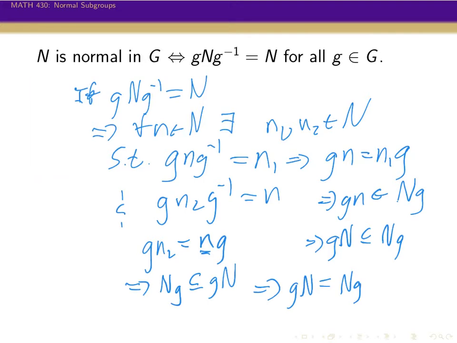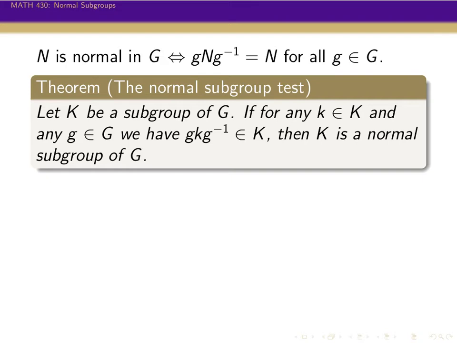Okay. And so this tells us an easier way of checking what makes a normal subgroup. This is what's called the normal subgroup test. If K is a subgroup of G, and you take any k in K and any g in G, and you look at g k g inverse, if you are guaranteed to land back in K, then that's guaranteeing that K is a normal subgroup.